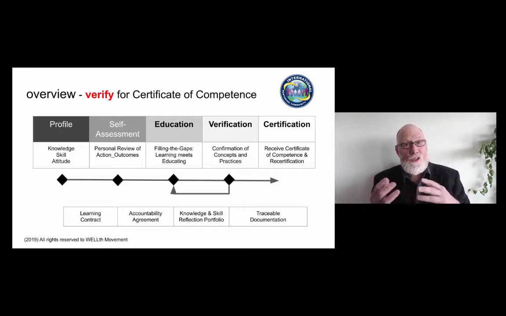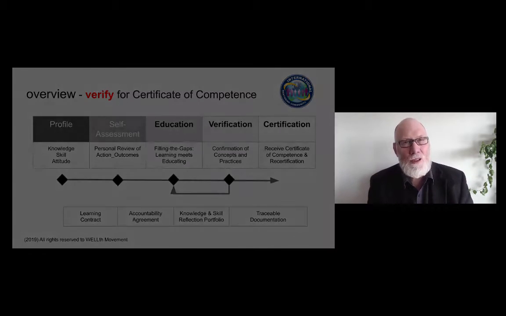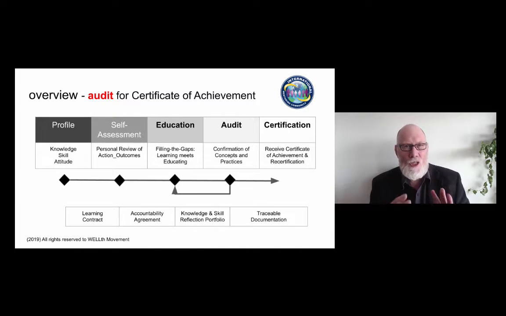Now, I've used the story, the 5-part story, for the Certificate of Competence mentor, and it's similar to the Certificate of Achievement mentoring. Now, the difference is the achievement mentoring is an audit and confirmation that you have the knowledge about mentoring.